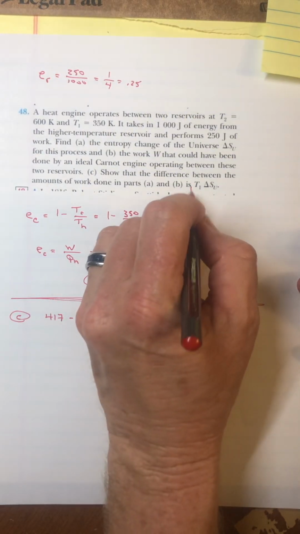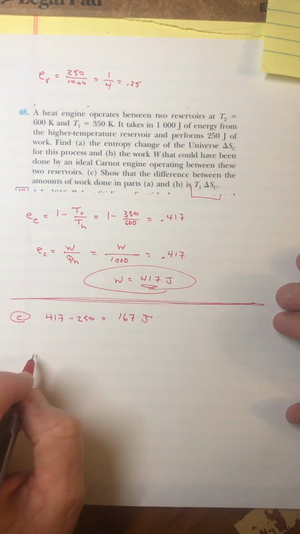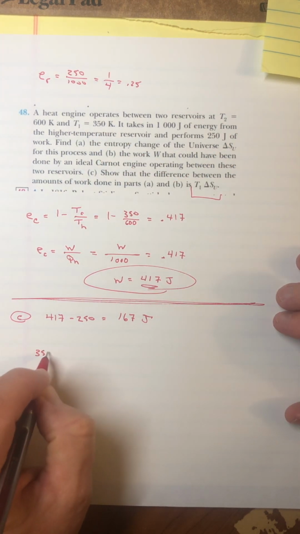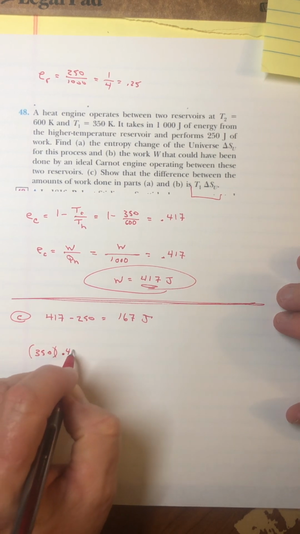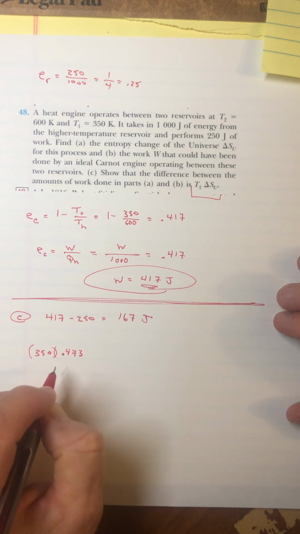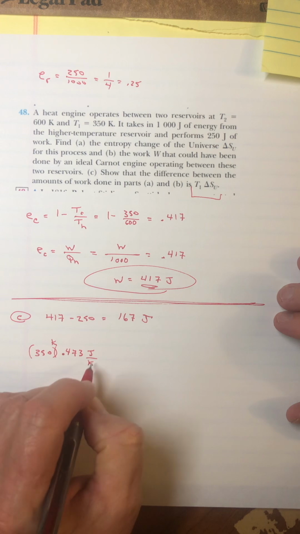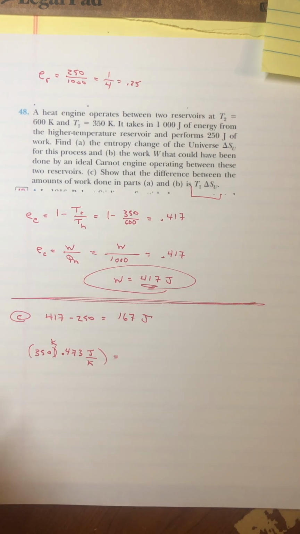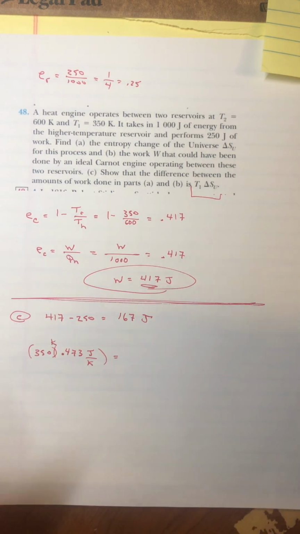And so if we take the temperature of 350 Kelvin, and we multiply it by 0.473 joule per Kelvin, this might give you some kind of feeling and understanding of what the entropy is.